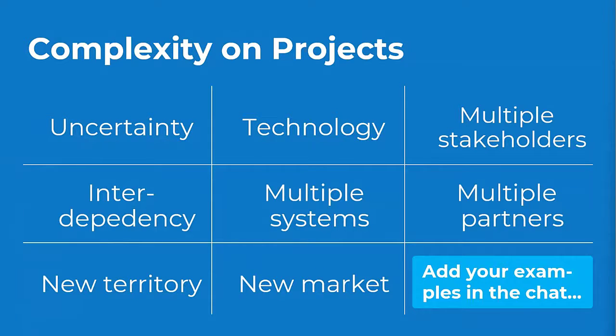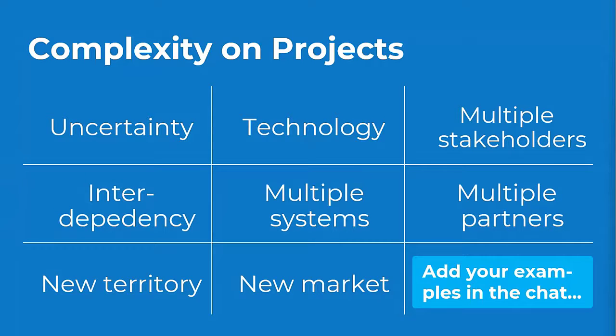So uncertainty, the biggest uncertainty is often about the actual scope of the project. In particular, if you have a discovery project where you're really trying something new, right? Then also technology is something where new technologies will lead to complexity. We have multiple stakeholders and multiple partners there on the right-hand side.